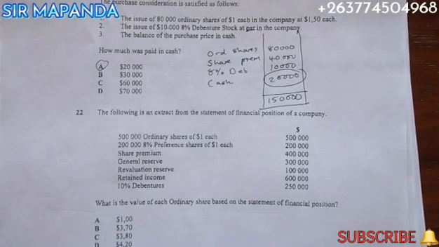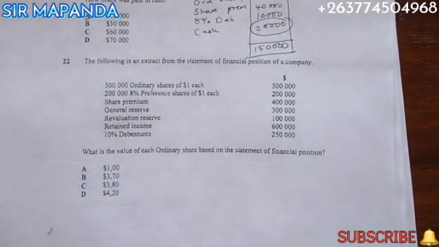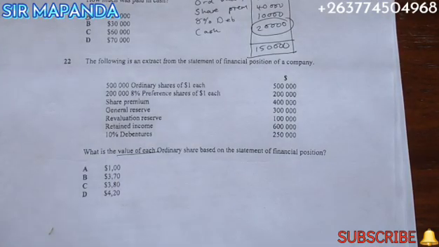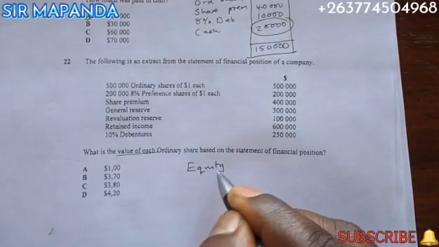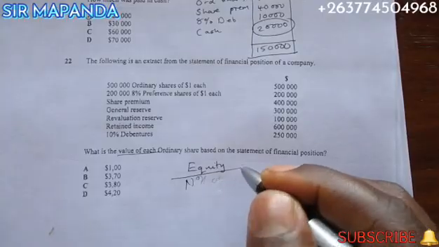The following is an extract of the statement of financial position of a company. What is the value of each ordinary share based on the statement of financial position? The value of each ordinary share, also known as fair value, is found by the formula equity divided by number of ordinary shares.